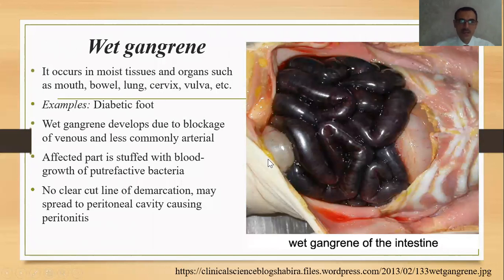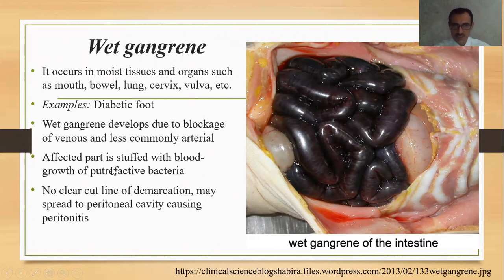Wet gangrene occurs in moist tissues and organs such as mouth, bowel, lung, uterine cervix, vulva, etc. The examples include the diabetic foot. The wet gangrene develops due to a blockage of venous and less commonly arterial blood flow.